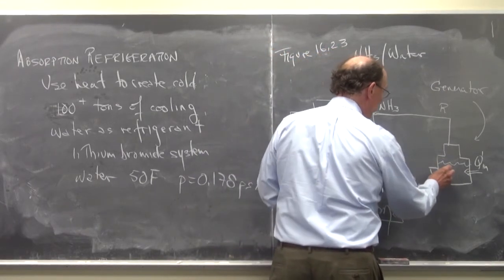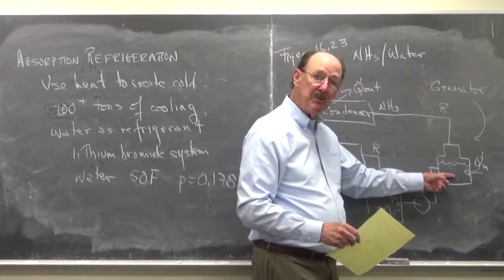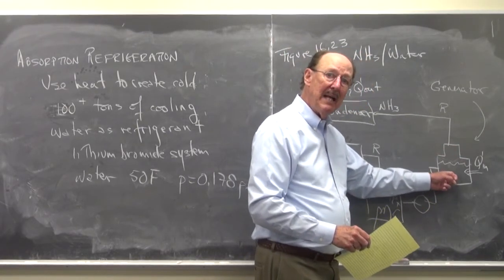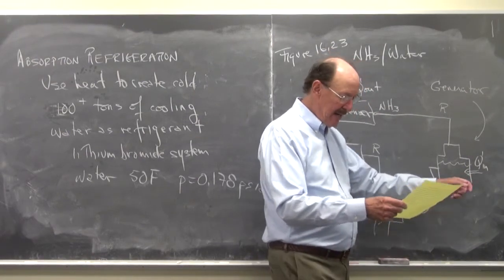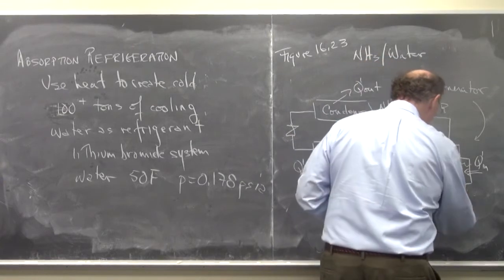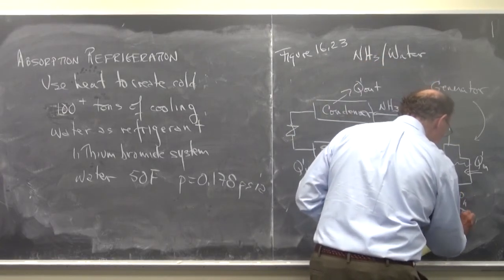And so now, let's say I start here with the generator. So with the generator, I've driven out the ammonia. So now I have a high temperature liquid that has mostly water, but it's at a high temperature. So now I have P high and T high.